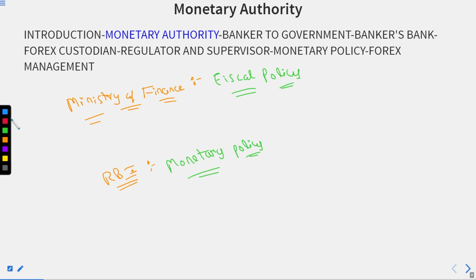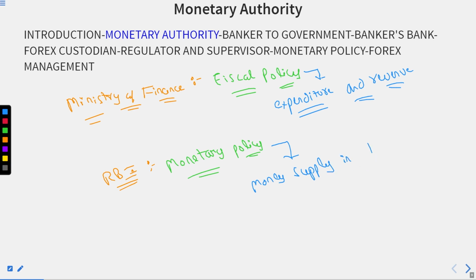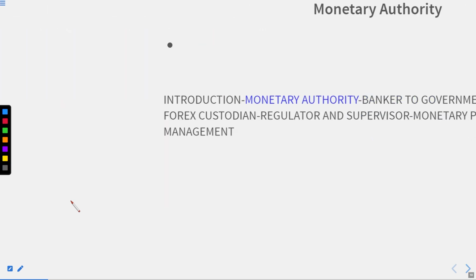Fiscal policy basically controls the expenditure and the revenue part, whereas the monetary policy deals with the money supply in the economy. Got it? So because we are dealing with the monetary policy, we have to deal with the RBI.